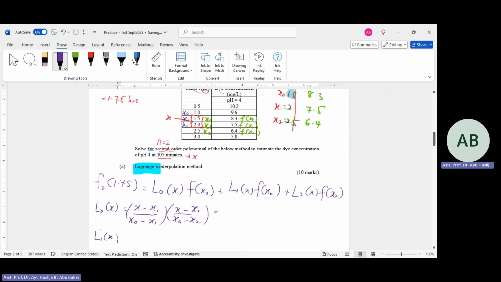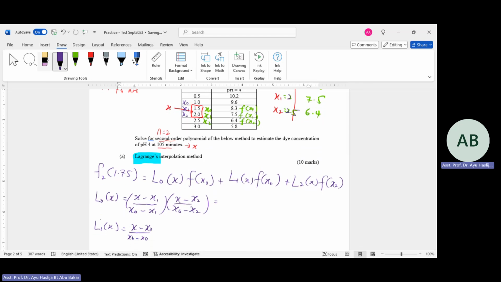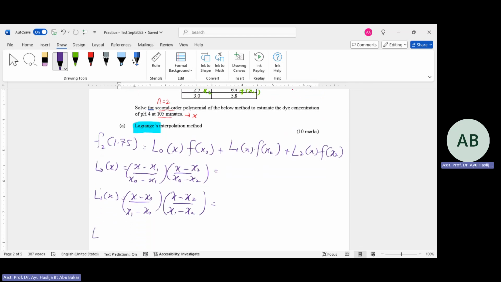Same goes with L1 x. L1, x1. Okay, L2, expand your own equation. Try it and see what is the final answer that you get.